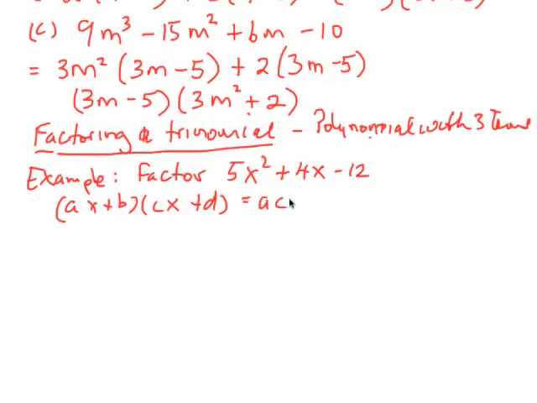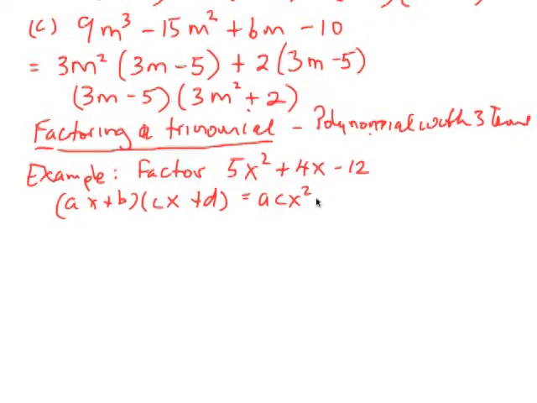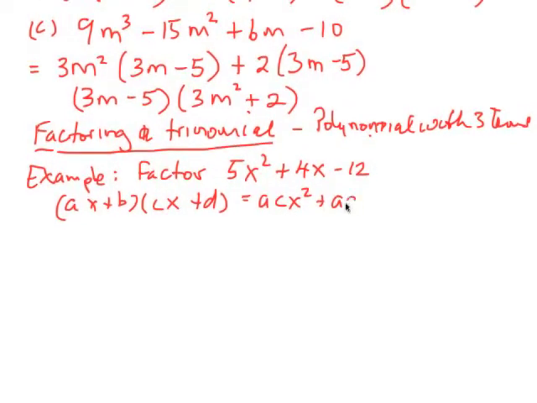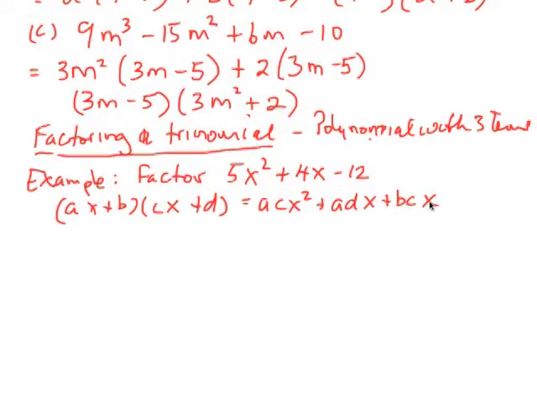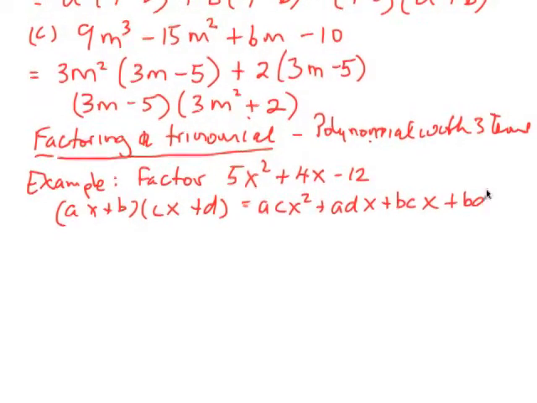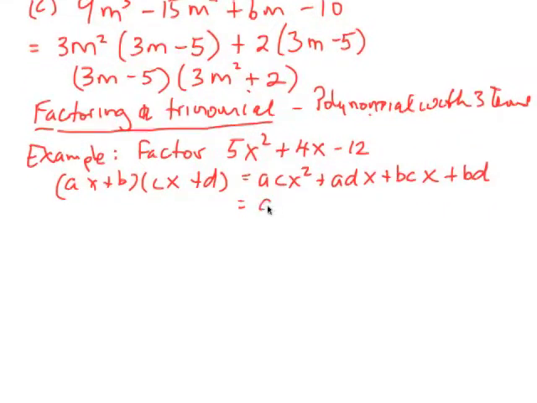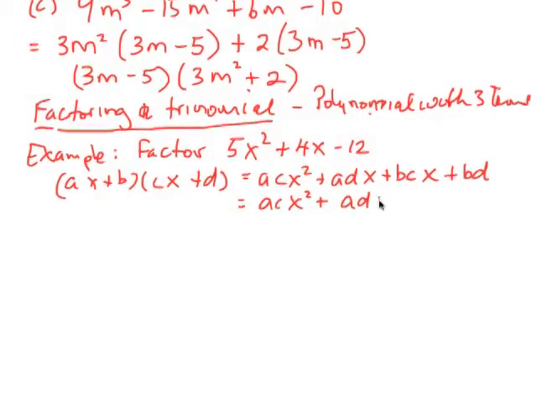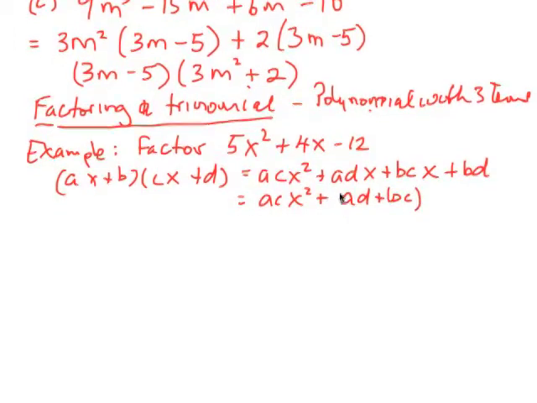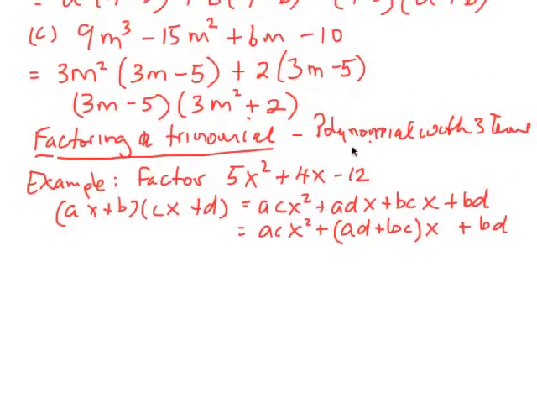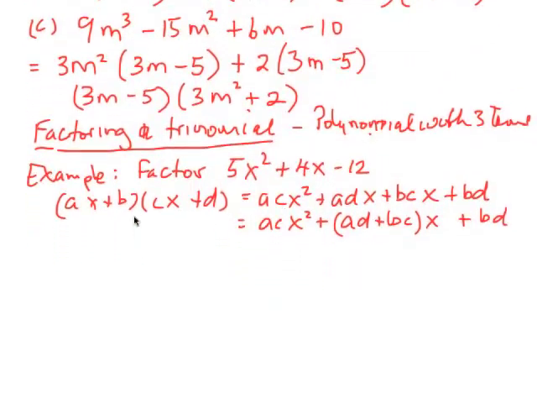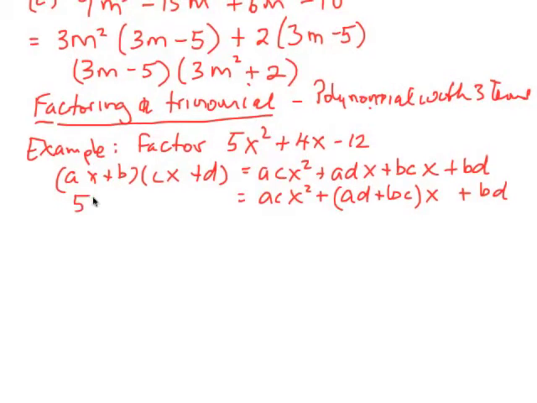Well, we'd get ac x squared plus ad x plus bc x plus bd, and we'd end up here with ac x squared plus ad plus bc x plus bd.